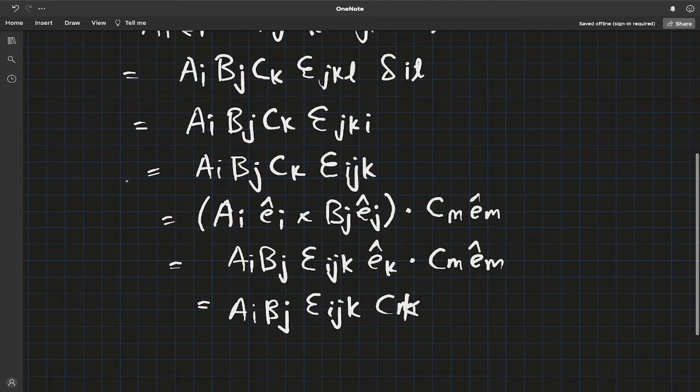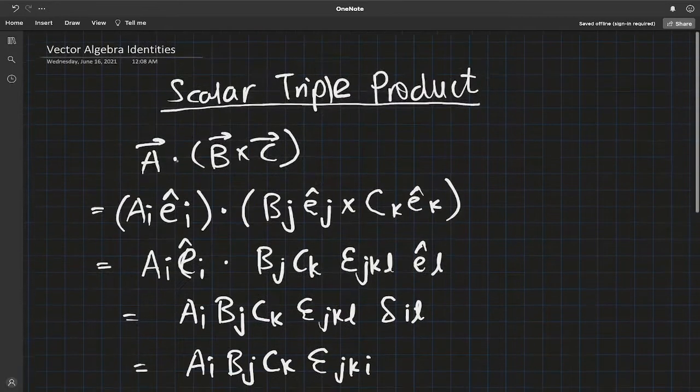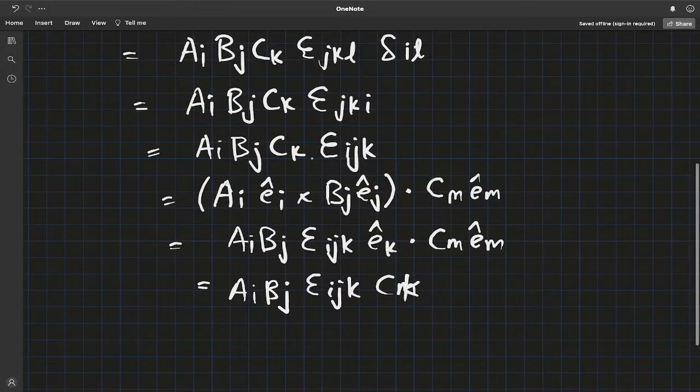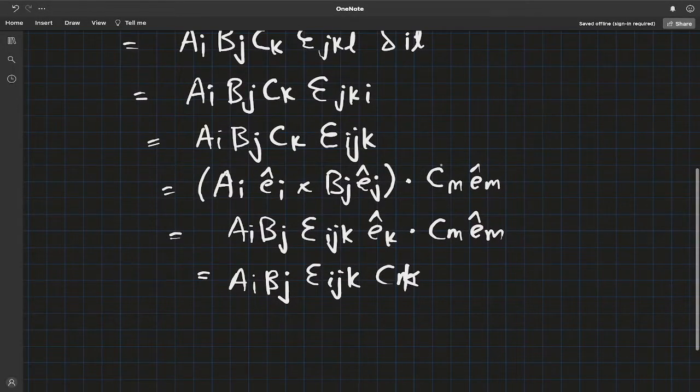So we can write A dotted with B cross C as, well, this guy here, which is A crossed with B dotted with C.